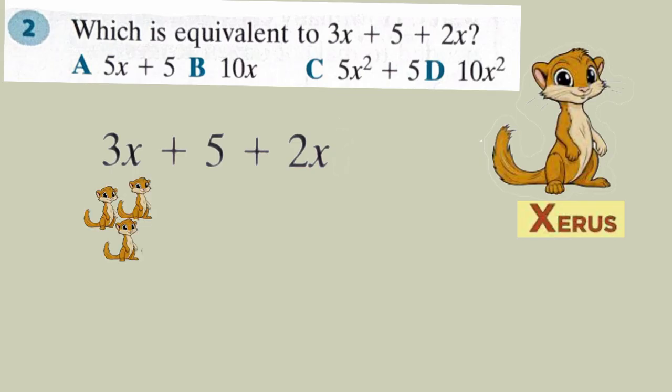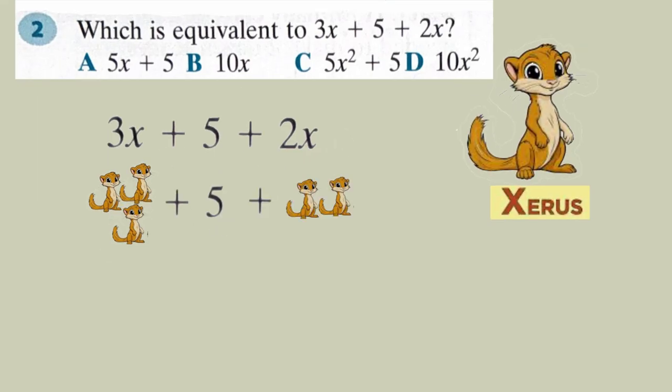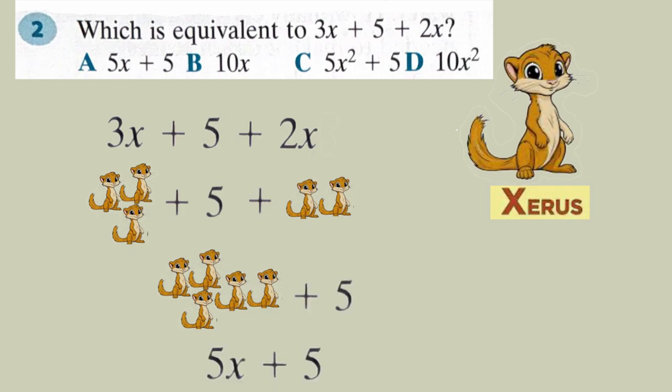So let's just pretend we've got 3 xeruses, and now let's add 5 to it. And now let's add another 2 xeruses. Well, this expression can be simplified by putting all the xeruses together, and we'll have 5 xeruses. Plus we have to add that constant 5 on its own here. So you can see that this is equivalent to 5x plus 5, which is A.